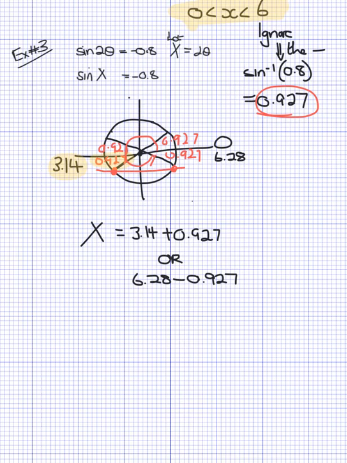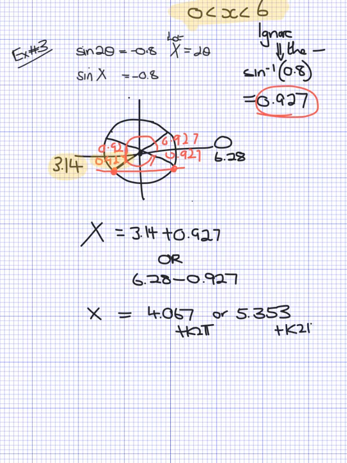So therefore our solution is going to be 3.14 plus 0.927. So we get our answers that x is going to equal 4.067 or 5.353. Now then I want to make sure my domain's right, so as always I'm just going to add k pi, and we're going to sort that out in a sec.